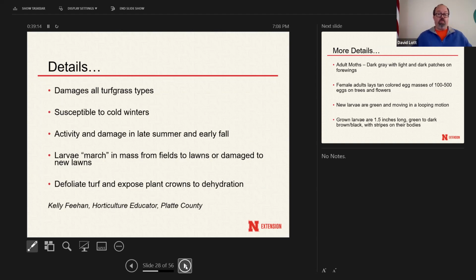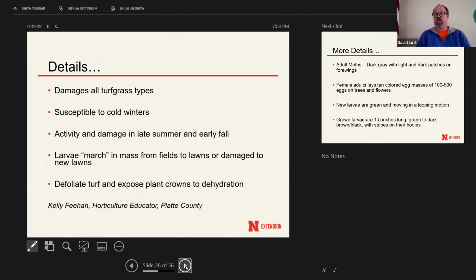It could be armyworm. They're going from a field to a lawn, or from a damaged lawn to a healthier lawn to feed off of. And as they feed, they will pupate into adults. That's what they're trying to do. And they're going to defoliate the turfgrass.